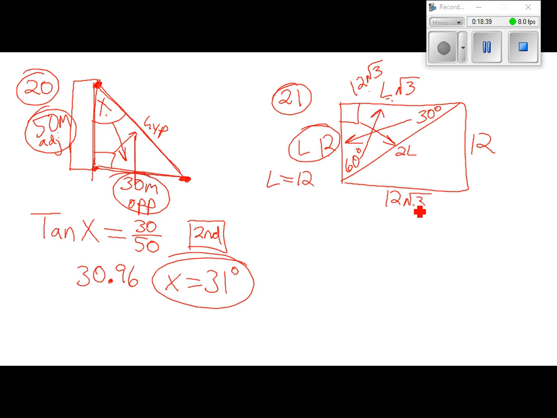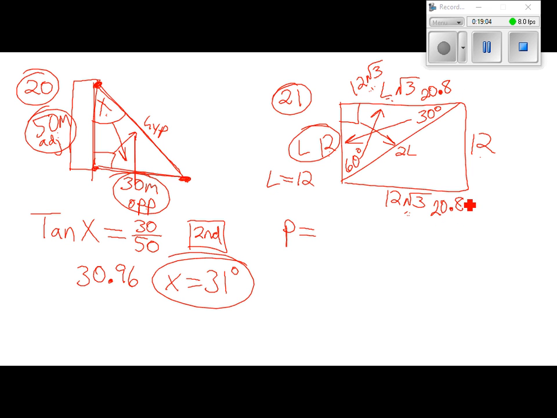Since they want us to find the perimeter, instead of adding 12, 12 radical 3, 12, and 12 radical 3, you could just change these into decimal. So just on your calculator, take 12 times the square root of 3, and you end up with about 20.8. So this side is 20.8. This side over here is 20.8.